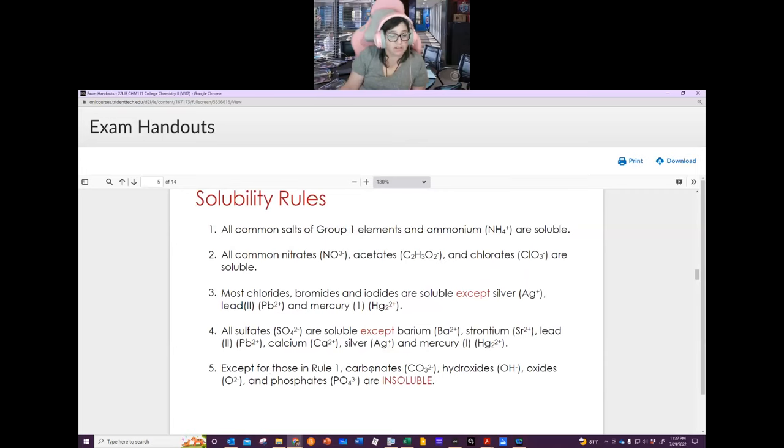Except for those in rule 1, carbonates, hydroxides, and oxides are insoluble. Oh, okay. So we're not going to have a ton of it. So this should be a base. It is a weak base. Weak enough so that it doesn't even appear in that list.